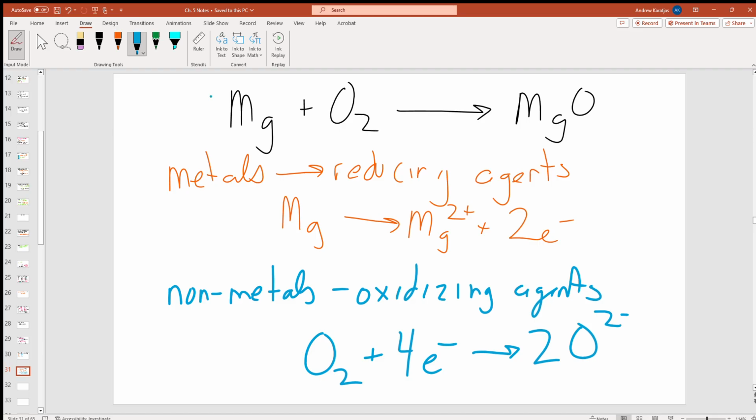Now in this case we can fairly easily balance this equation. Balancing more complicated redox reactions is actually fairly complicated, and that's something that you'll see at the end of general chemistry too.